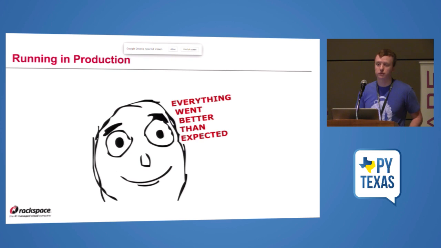And in the case of Arsenal, everything went better than expected. I don't think there have been any customer-affecting bugs with Arsenal, which has been a pretty great situation to be in. And I think I got there by using all these different tools that I've presented throughout this talk.